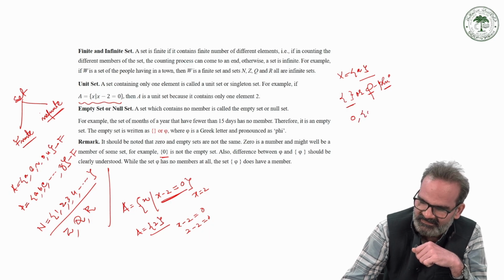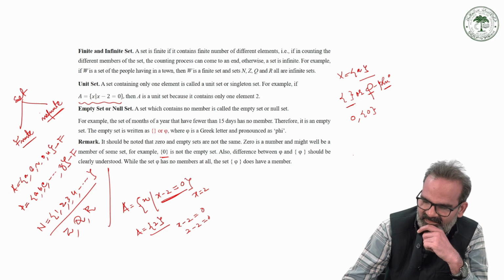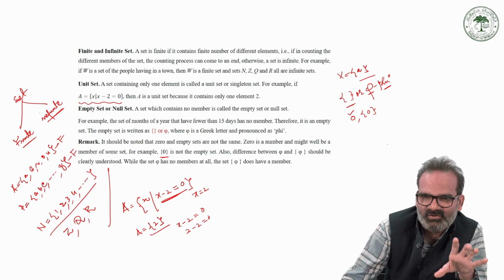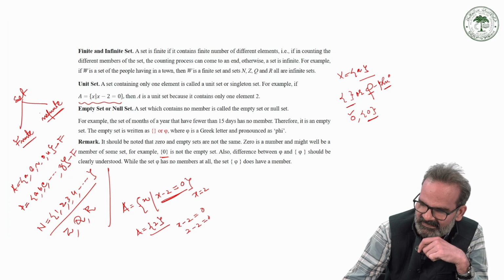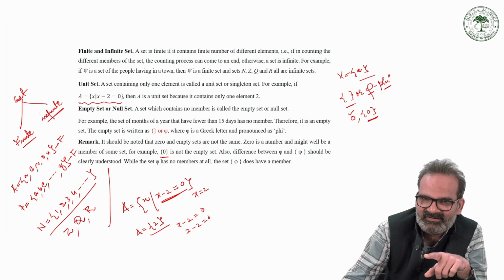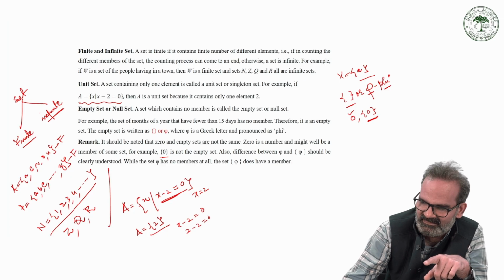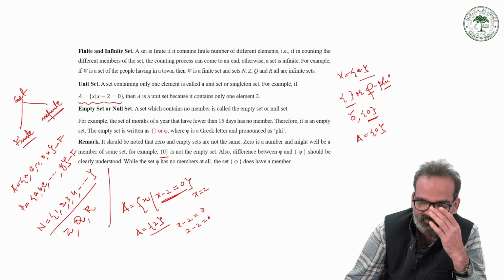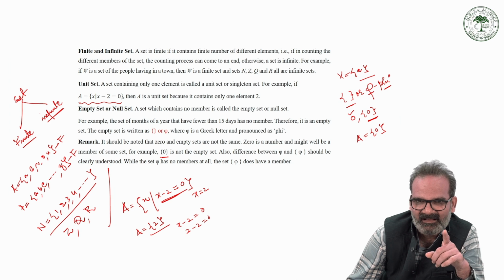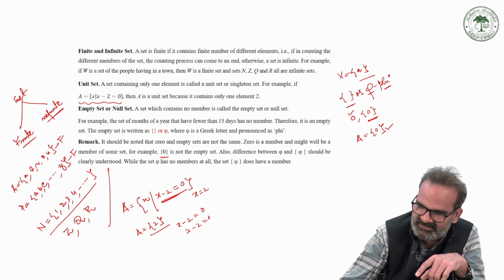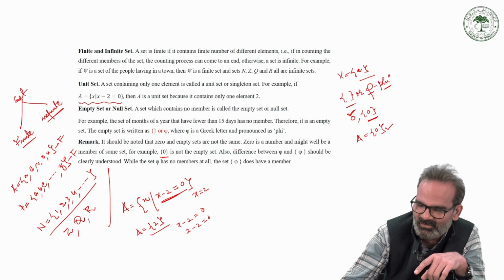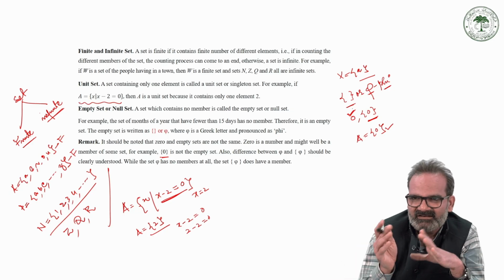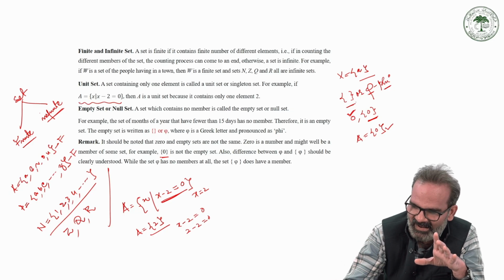If I write zero like this, it is another thing. Here in this case, zero is only a number, right? But here in this case, zero is a member of a set. If we denote A equals {0}, we say A is a set having one element, that is 0, right? This is a set. But here, 0 is only a number. This is the difference between this 0 and this 0.